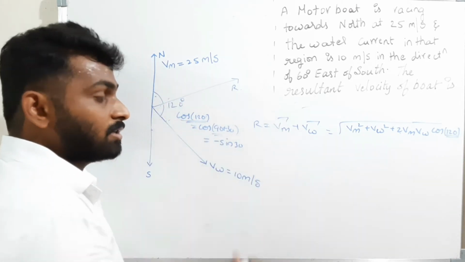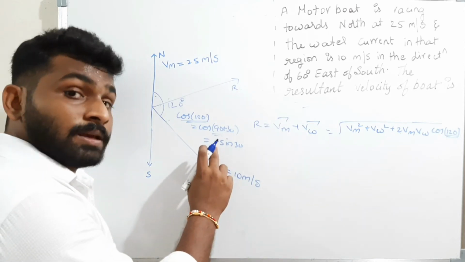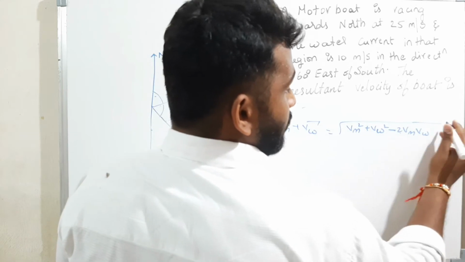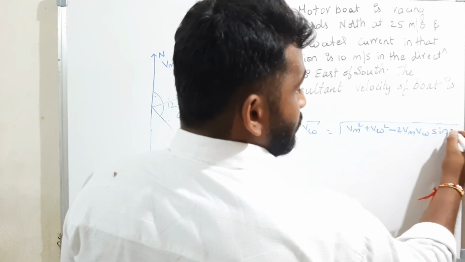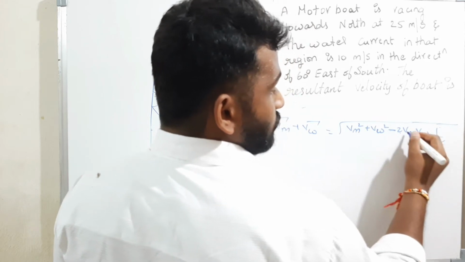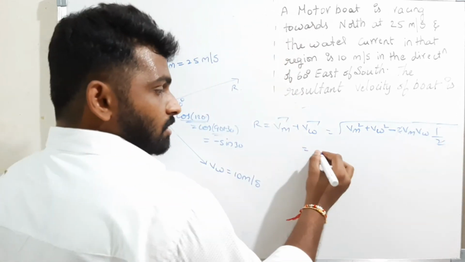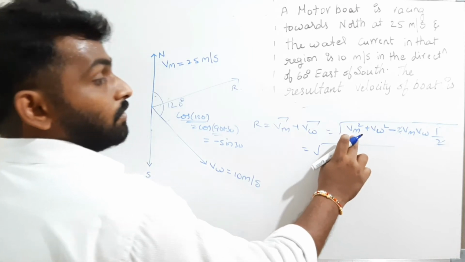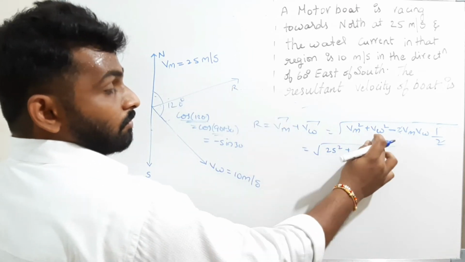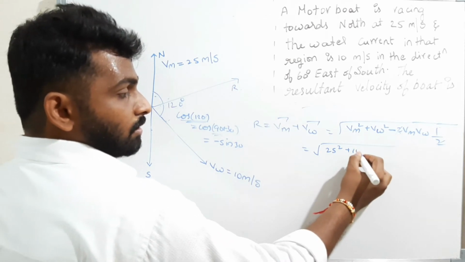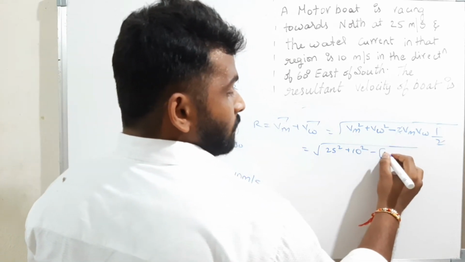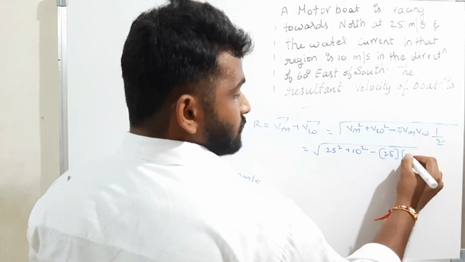Therefore, minus sin 30. In place of cos 120 I can write minus sin 30. What is the value of sin 30? That is 1 by 2. Therefore, these two cancel off. Now, what is the answer? Root of Vm square, that is 25 square, plus Vw square, that is 10 square, minus Vm Vw, where Vm is 25 and Vw is 10.